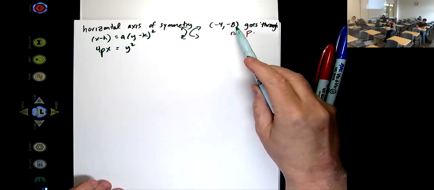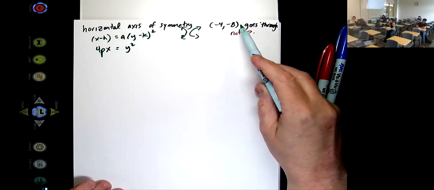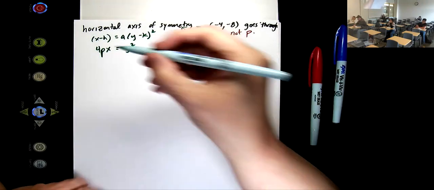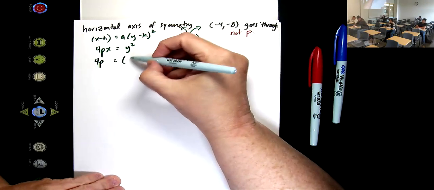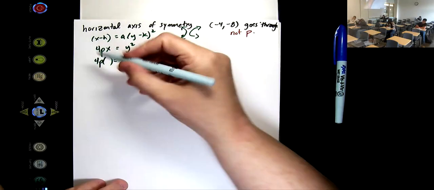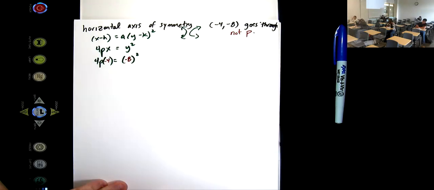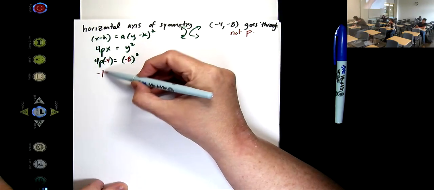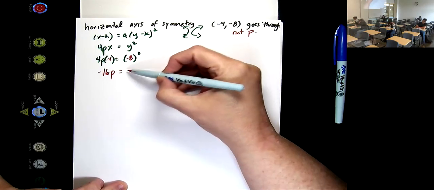I don't even know if this is on the axis of symmetry. That may be the vertex, it may not be. I have no idea. But I can take advantage of the fact that I know what x and y are. X is -4 and y is -8. So this gives me 4 times -4 is -16p equals -8 squared is 64.